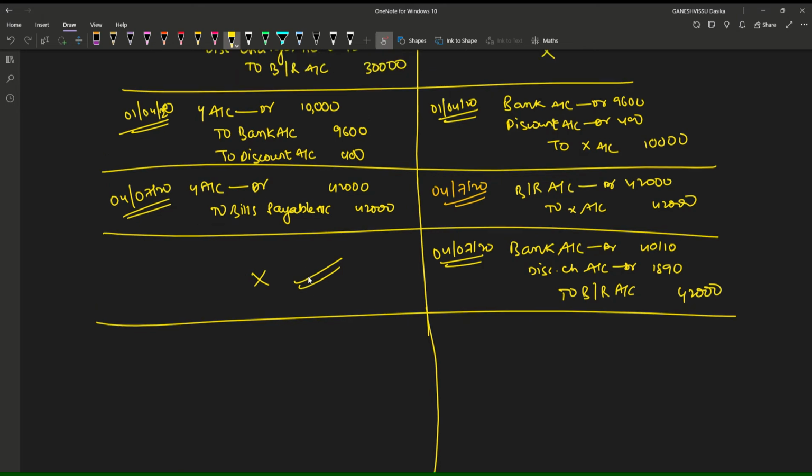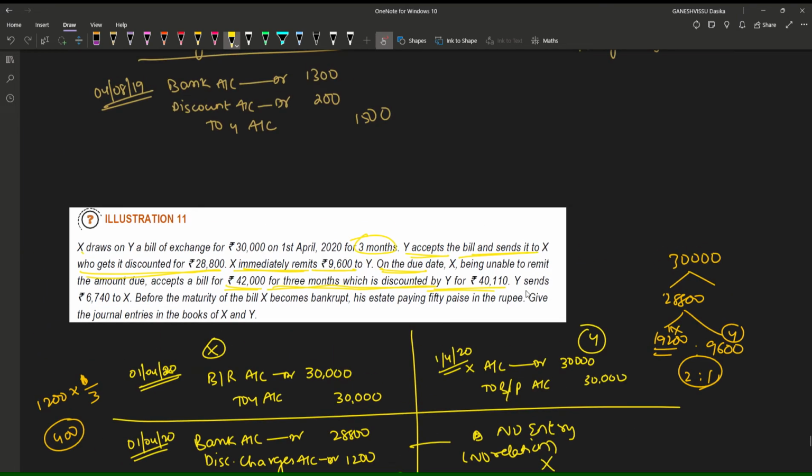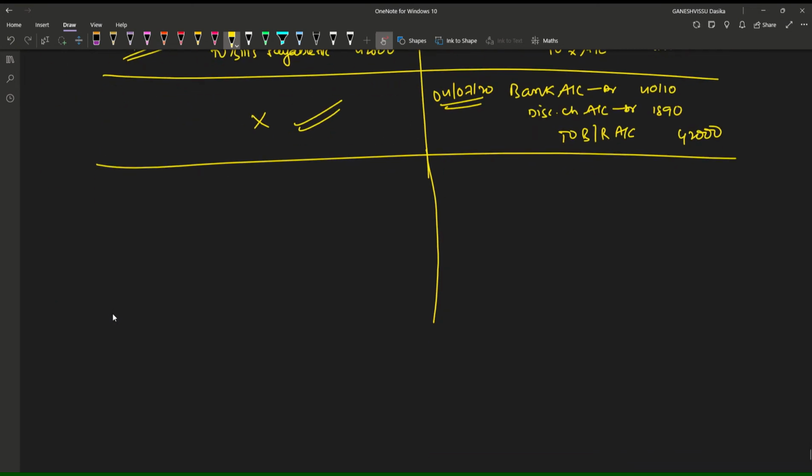Now what happened? Y sends rupees 6,740. What is happening here? Out of this 42,000 rupees, 30,000 is the amount which is there with the previous bill, and the remaining 12,000 is the amount.